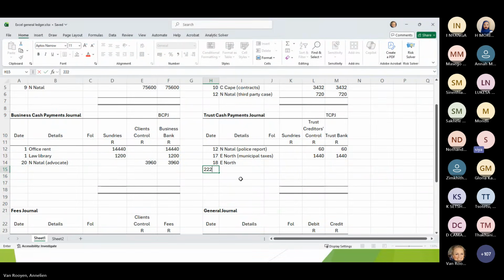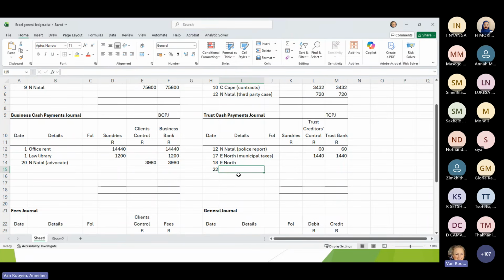Isn't advocate fees and sheriff fees supposed to go to the general ledger? I saw it written in unit 4 that sheriff fees and advocate fees are separate from the business cash payments and the business cash receipts.